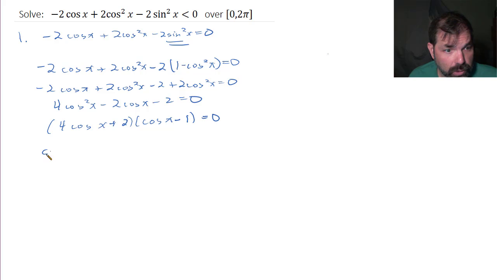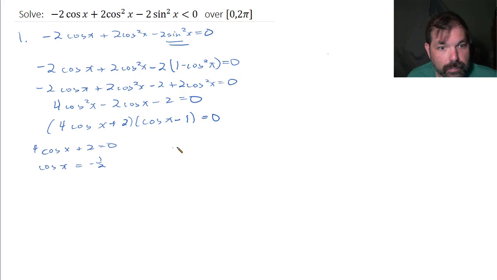So then 4 cosine x plus 2 is 0. Cosine x is negative 1/2. Cosine x minus 1 is 0. Cosine x equals 1. So over 0 to 2 pi, the cosine is negative 1/2 at 2 pi over 3 and at 4 pi over 3.